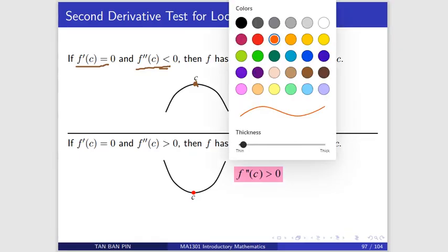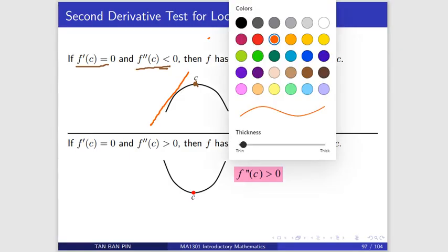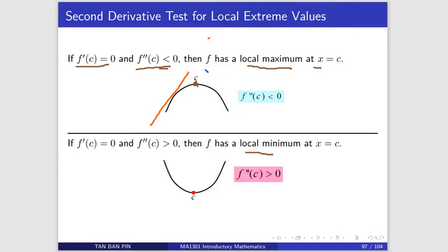Let's draw a tangent line before C and after C. So you'll find that the red line has positive gradient because it's tangent this way. Then the blue tangent line here will have a negative gradient.